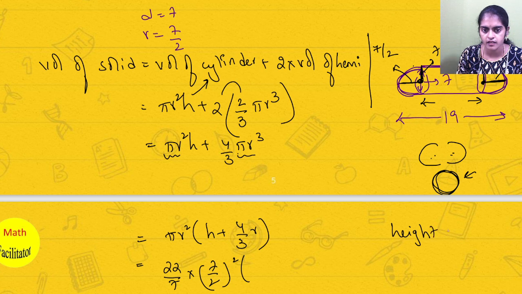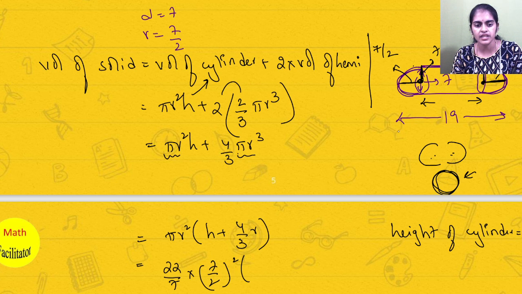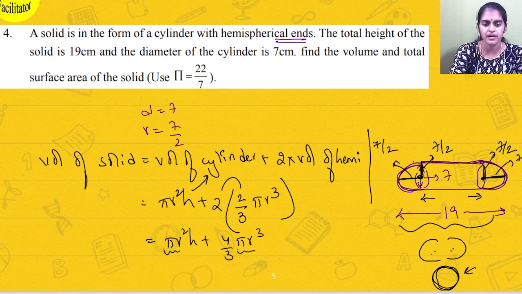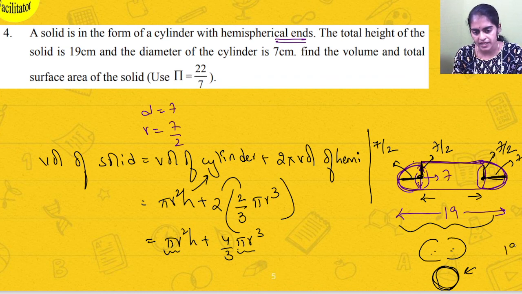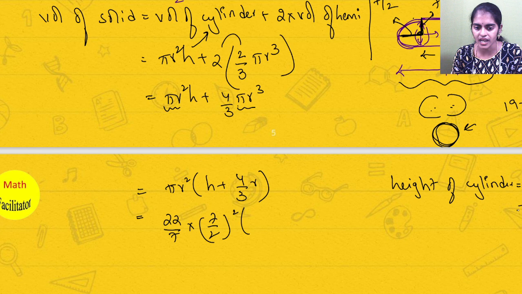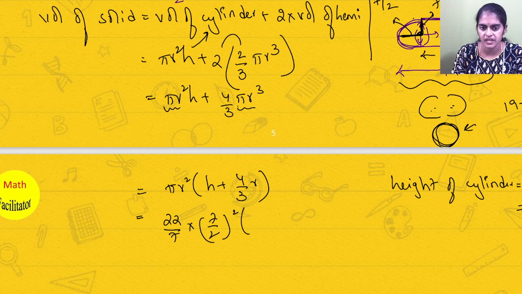Height of cylinder is nothing but from the total height of the solid, which is 19, I'll have to subtract this hemisphere radius 7 by 2 and one more 7 by 2. 7 by 2 plus 7 by 2 is simply 7. So 19 minus 7 is 12. 12 is the height of this cylinder.